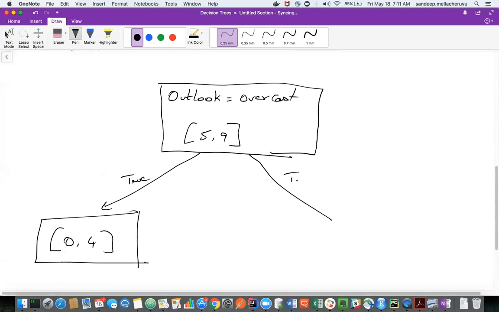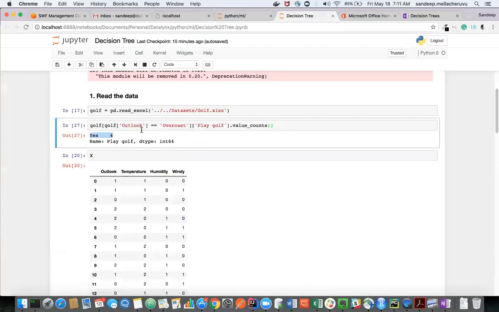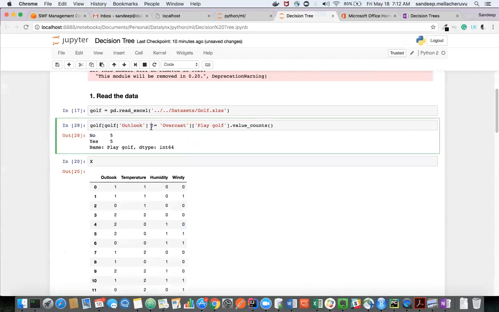Now what about if it is false? How do I know that? If I do outlook not equal to overcast, I'll be able to get all the days where outlook is not overcast.